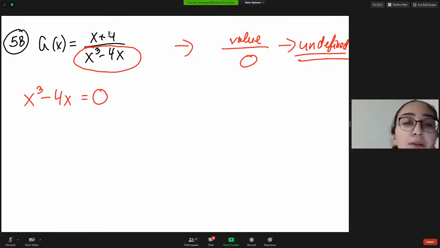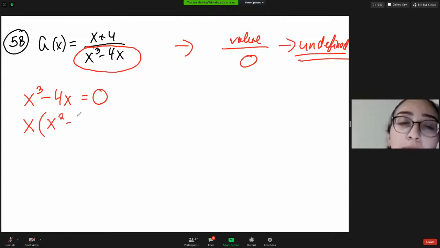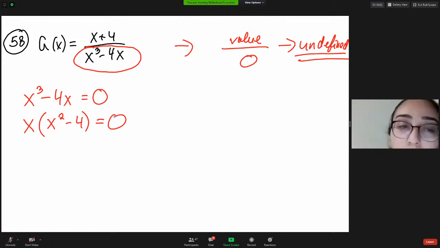We just need to take out an x. So x multiplied x squared minus 4. Good, good. And then what? 0. So x is equal to 0, and x squared minus 4 is equal to 0. So x squared minus 4 is equal to x plus 2 multiplied x minus 2.